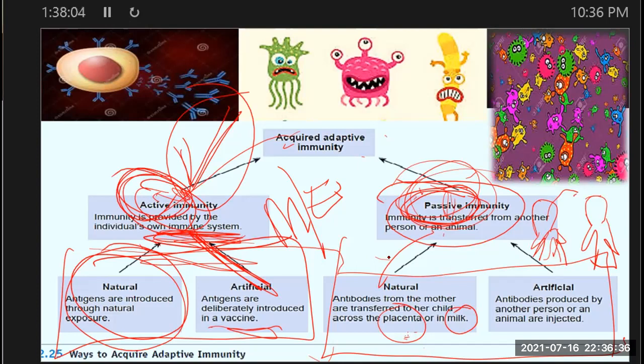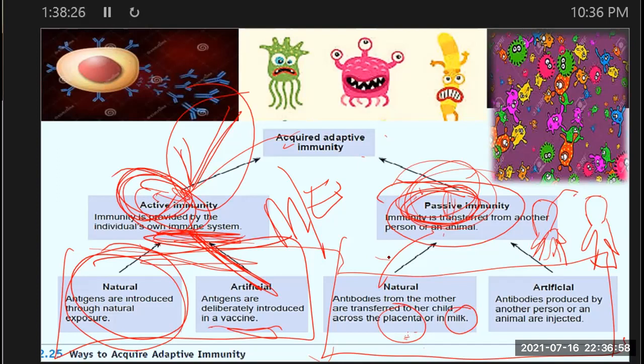So, passive artificial requires an animal or human as the source of the antibodies or gamma globulins, immunoglobulins. Passive artificial immunity provides immediate protection. Take note, immediate protection kung gadali gyud ka. So, you will rely on this one.